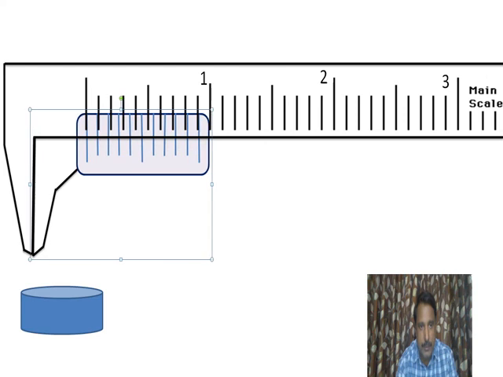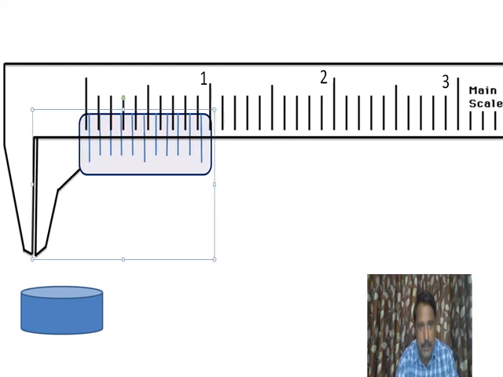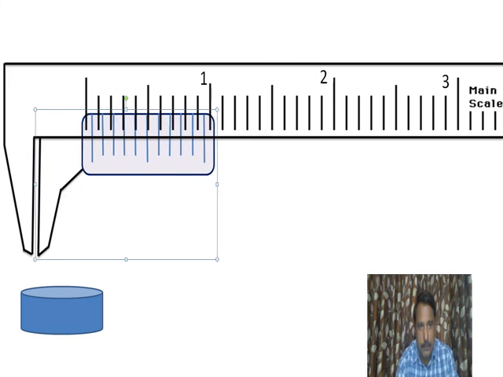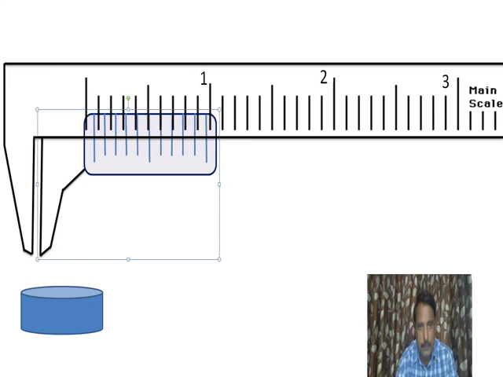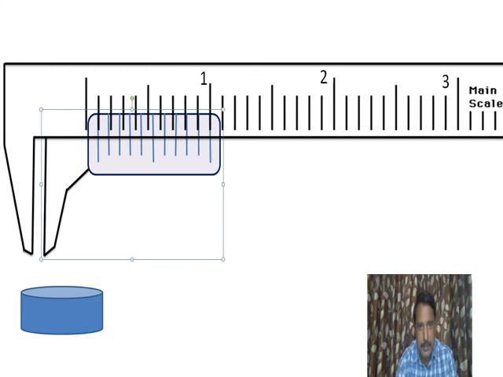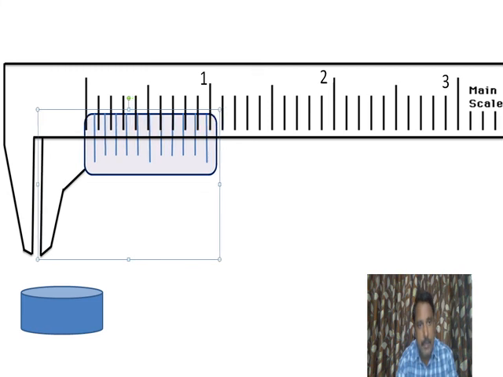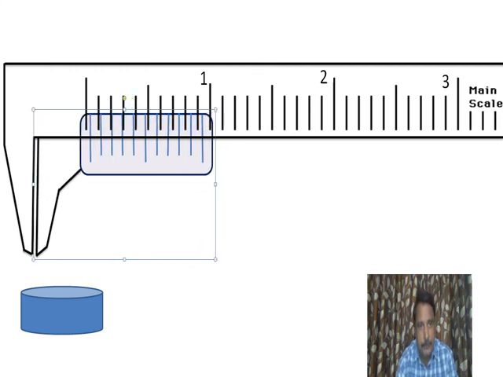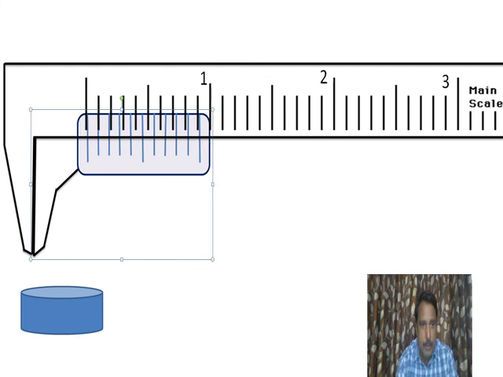I am doing it all over again. Now first division is coinciding, second, third, fourth, fifth, sixth, seventh, eighth, ninth, and 10.